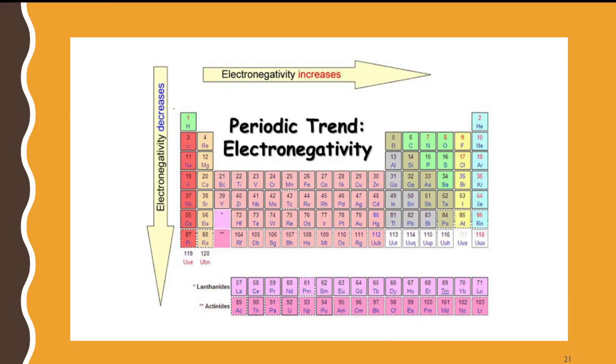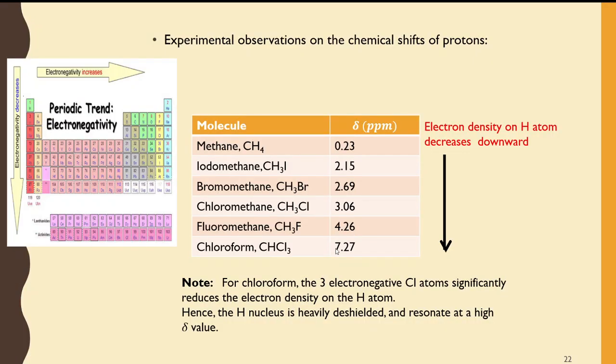The other thing that is important in this part, since we talk about the chemical shift, is what actually shields or deshields it. One of the factors that will deshield it is electronegativity.